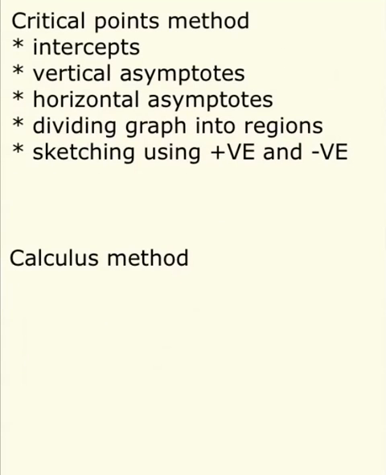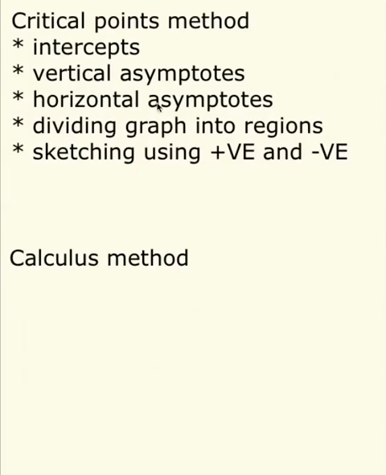So the critical points method, and I'll do an example in another video, begins by looking at the intercepts of both the x and y axes, considers vertical asymptotes, because most often the critical points method is used best when it's a discontinuous graph. So there will be a vertical asymptote involved.